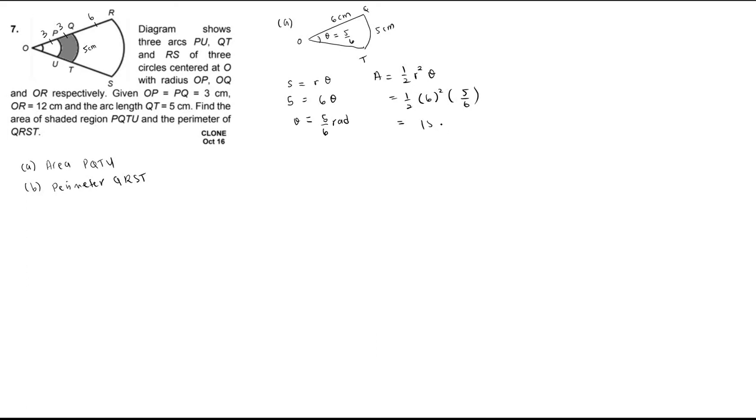And we get 15 cm square. Okay, this is from sector OQT. Next, we want to find the area of the smaller sector O, P, U. Sorry, very bad drawing. And the radius is 3 cm.